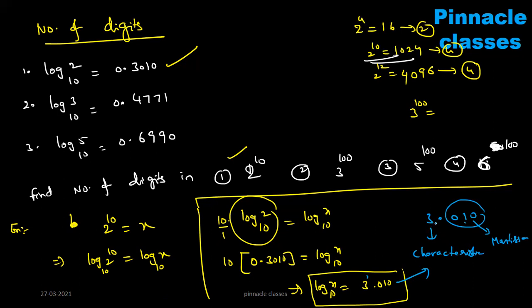Just add 1 to the characteristic value. 3 plus 1, then this 4 represents the number of digits in 2 power 10. Yes, sir, that is the meaning.